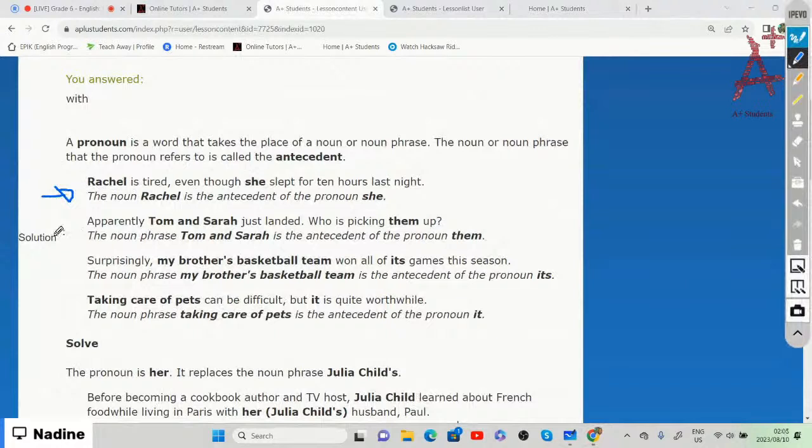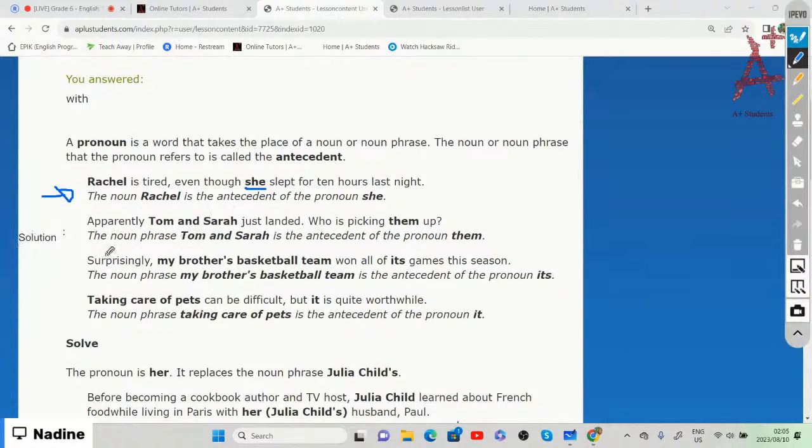And the pronoun is she, because she tells us about Rachel. So instead of mentioning Rachel's name again, we just say she.